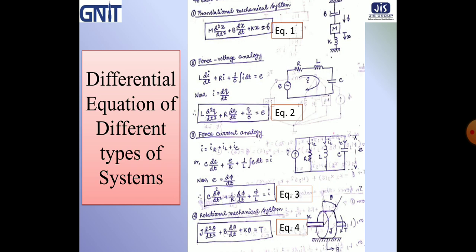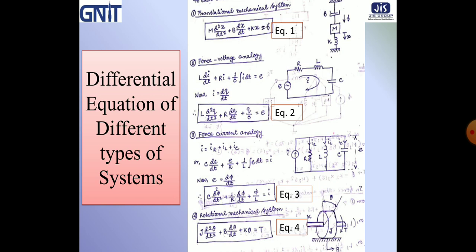So the equation is L di dt plus Ri plus 1 by C integral of i dt is equal to e. This is the KVL equation for this RLC series circuit.